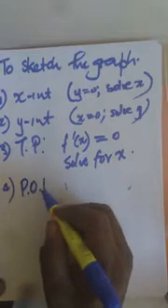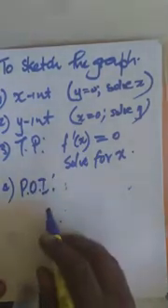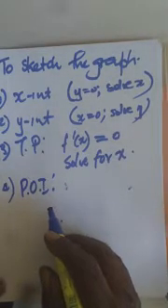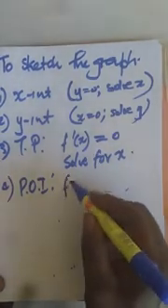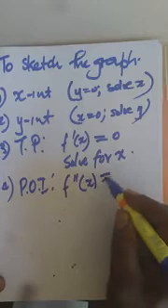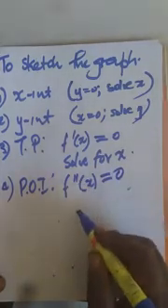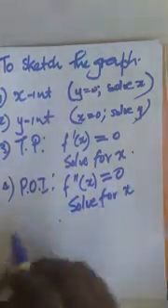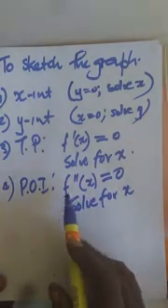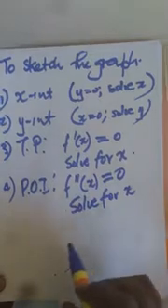Then let's say a point of inflection. How do I show a point of inflection? I will show you later with how did this come about, but you get the second derivative equated to 0 and solve for x. Second derivative equals to 0, solve for x.